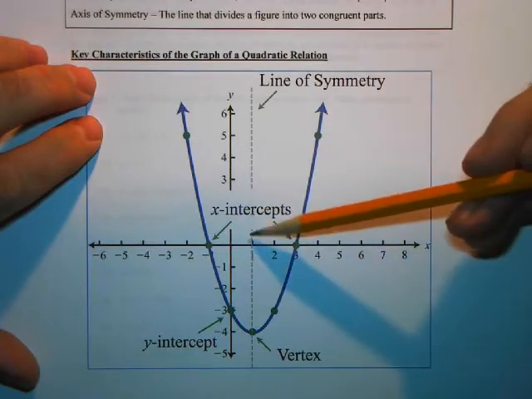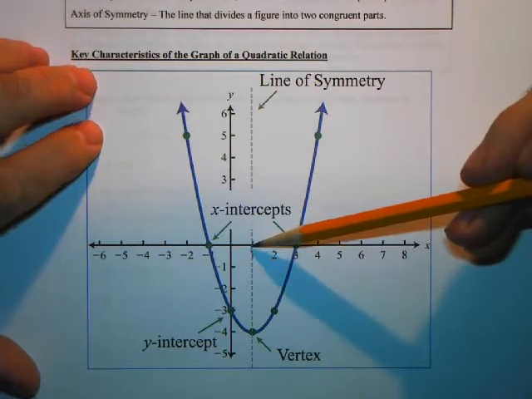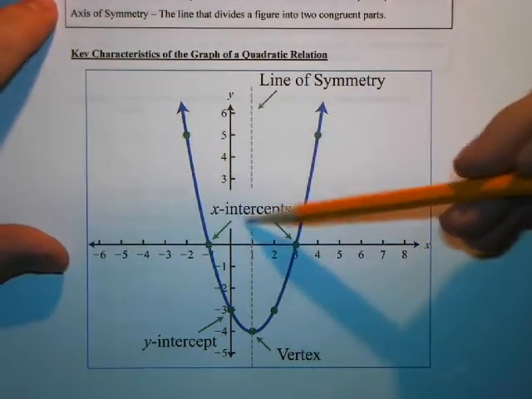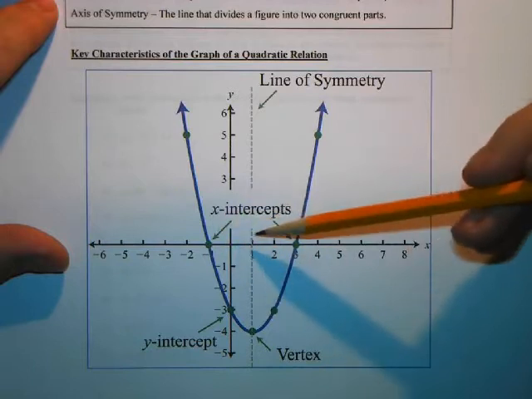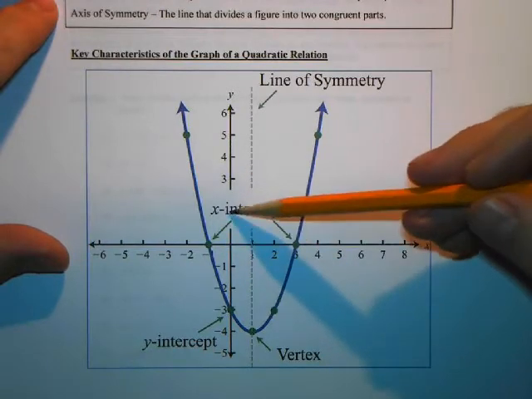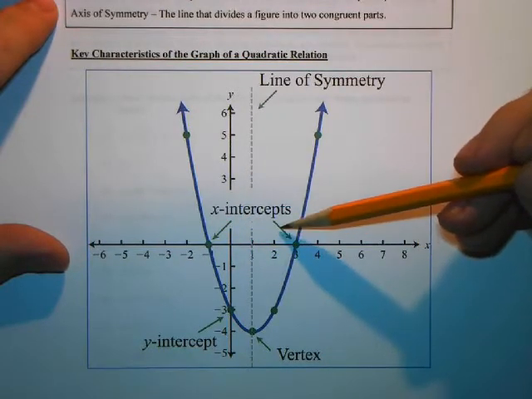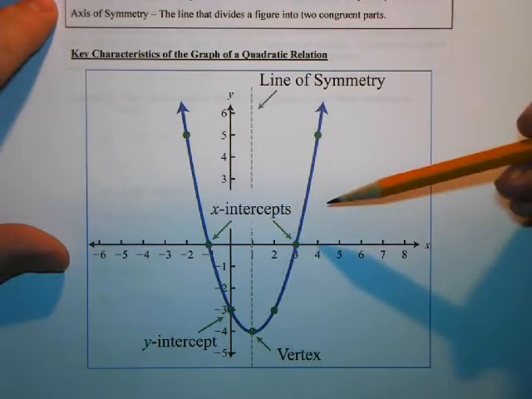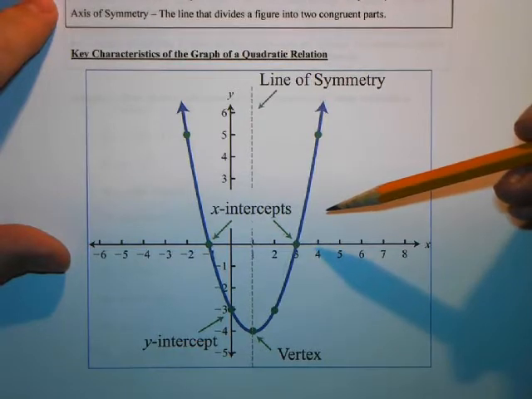Or if the vertex was right on the x-axis and opened up or down from there, it would only have 1 x-intercept. So for x-intercepts, we can have anywhere from 0 to 2. Most of the graphs we'll see are going to have 2, but definitely there's a chance it might have 0 or 1.